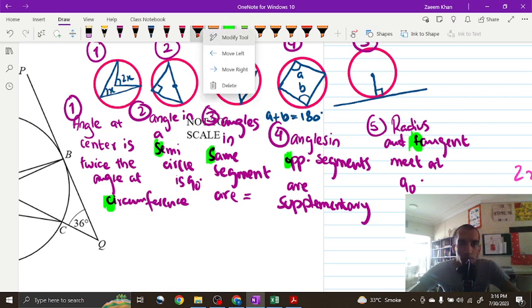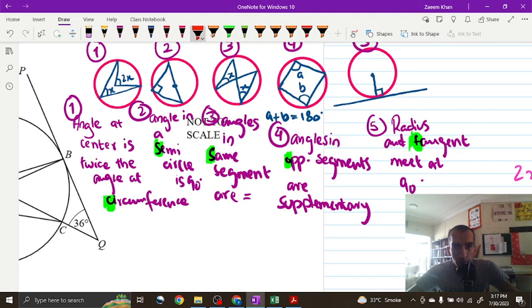What about CSEST? E is for equal, and the other S for supplementary.